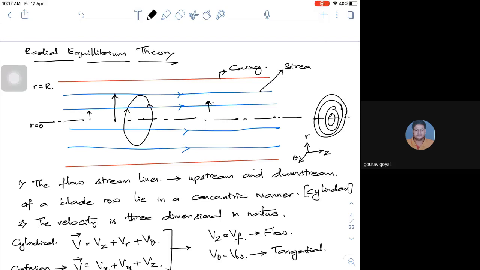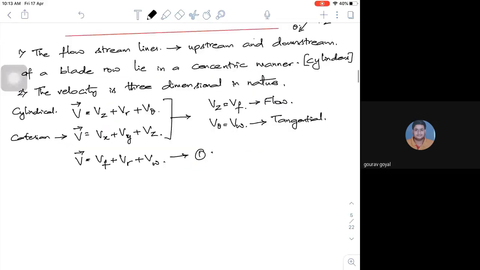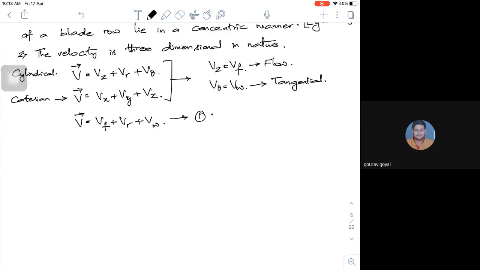That means if I take this streamline as 1 and this streamline as 2, Vr1 should be equal to Vr2. So there is no variation in that, and they are parallel to each other. In differential form, dVr will be equal to 0.